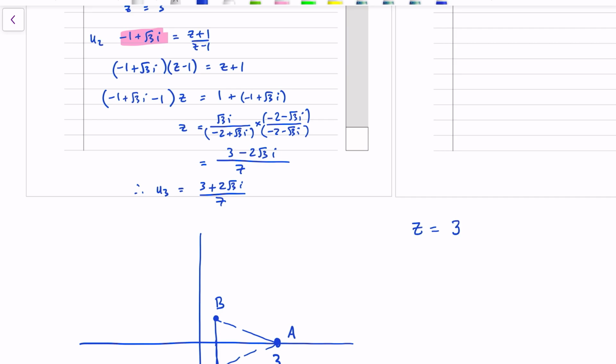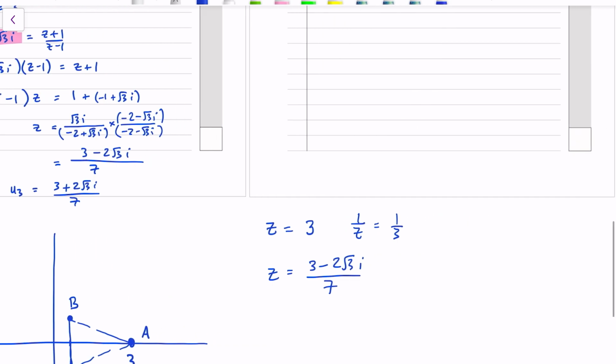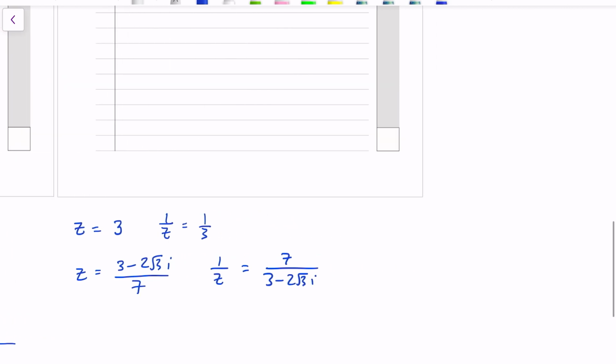So z is equal to 3, so 1 over z is equal to 1/3. Or z is equal to 3 minus 2 root 3i all over 7. And we want the reciprocal, 7 over 3 minus 2 root 3i. Now that there is not in a standard form, so we need to do the conjugate stuff again.